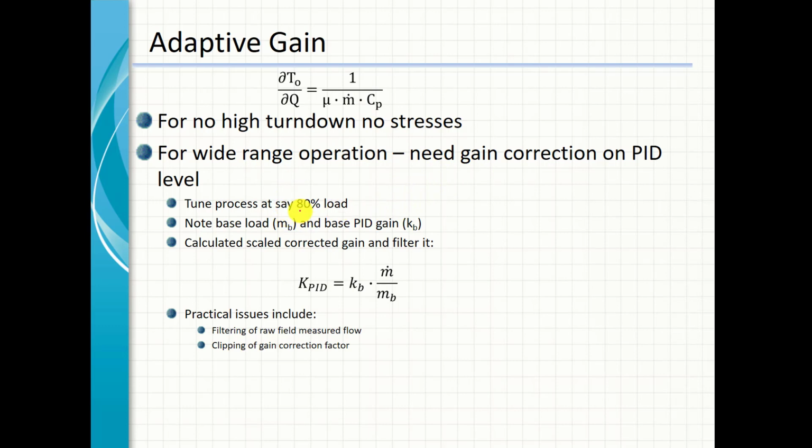So what we do is pick a load, say 80% of design, a typical operating point, and mark down what that flow rate is at that design point and what your gain is. Then we code inside the DCS or the PLC or the control system an algorithm or a piece of code that at some regular interval modifies the gain used by the PID temperature loop controller based on throughput.